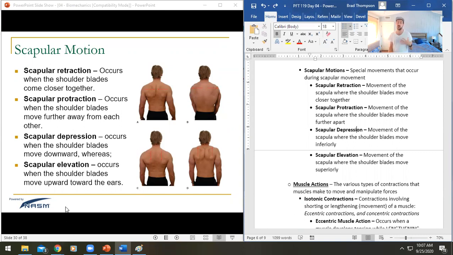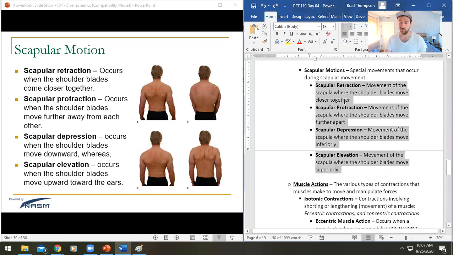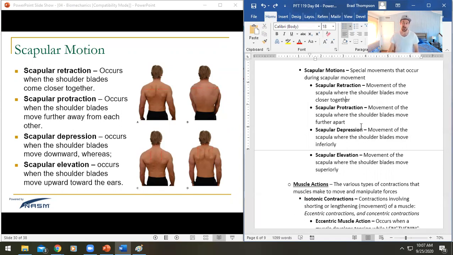You've got muscles that are in charge of all of these things. Here's why knowing these movements is really important. Honestly, it's not that important to deal with your scapular movements by themselves if your scapula is just moving the way it's supposed to. The problem is that your scapula determines how your shoulder joint moves.